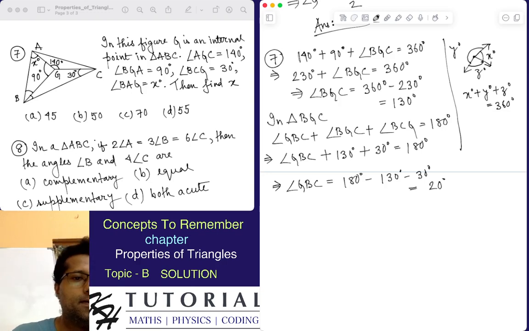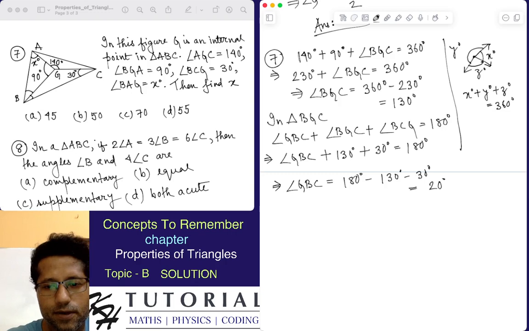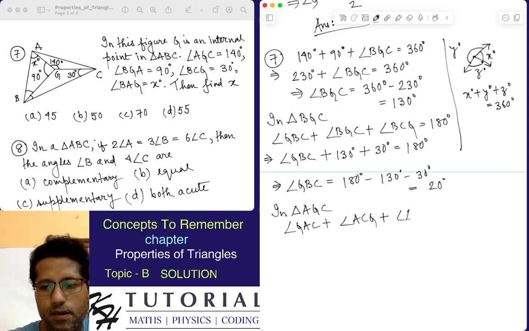Okay. Now see in triangle AGC, we must have angle GAC plus angle ACG plus angle AGC is equal to 180 degree.